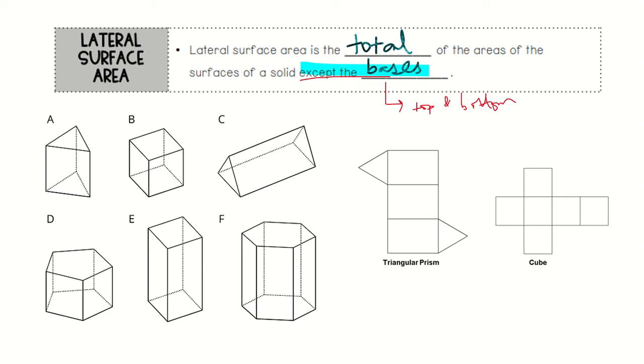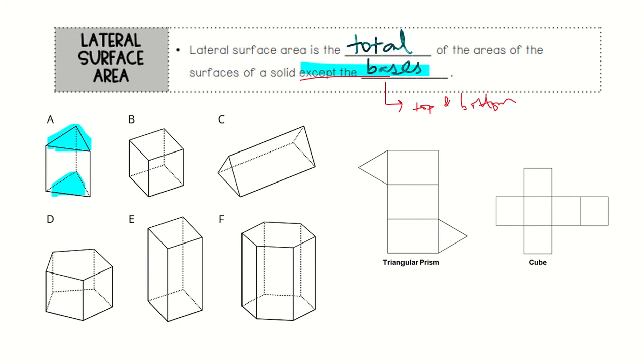All right, here on these pictures, we're going to label what the lateral surface areas are, or the bases, the things that we're not going to calculate, obviously. So on letter A, this is a triangular prism. Remember, on a triangular prism, no matter how it's positioned, the bases are always the triangles.